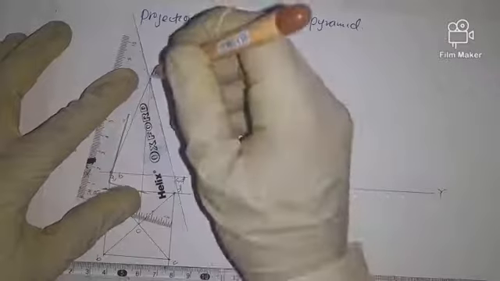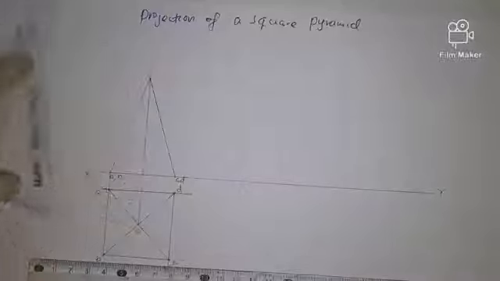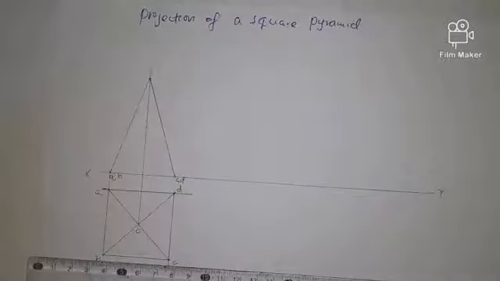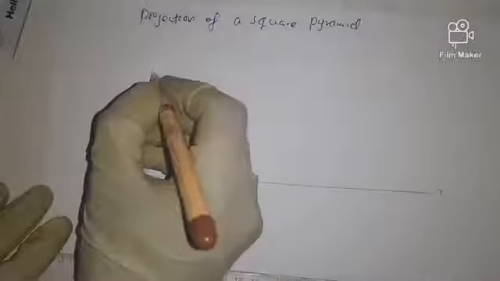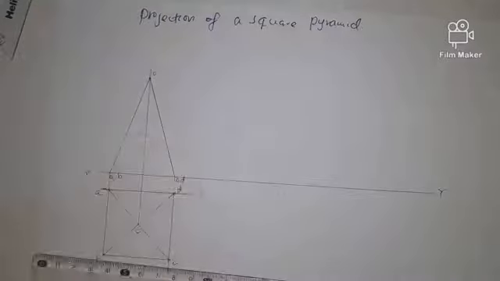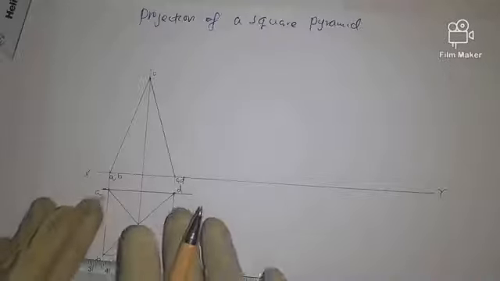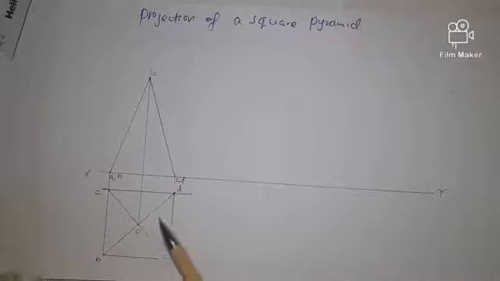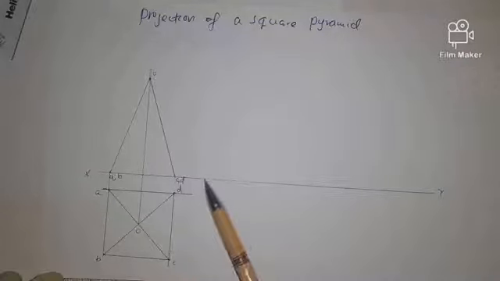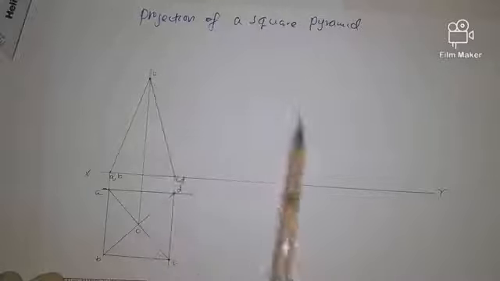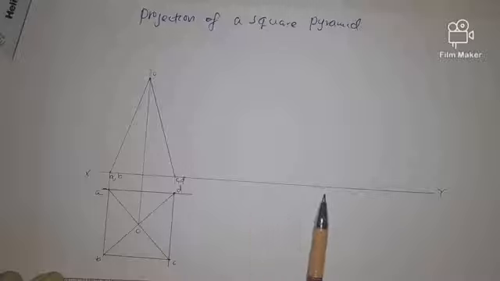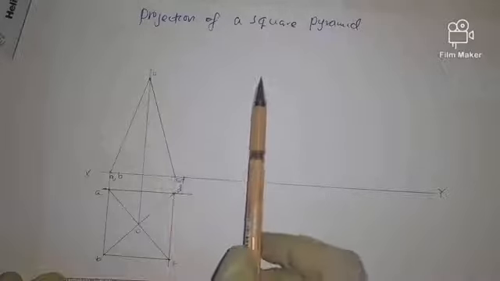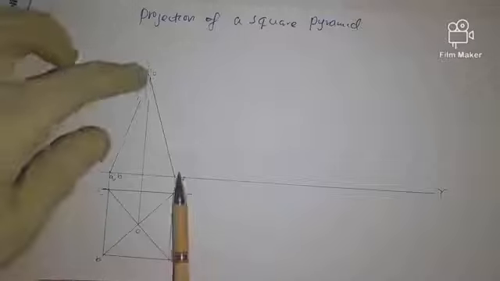So what we have now is the front elevation of the pyramid and the plan of the pyramid. And now we have the first condition fulfilled. The second condition, we are going now to push it so that it sleeps on this triangular face. If it sleeps on this triangular face, it means this point is going to start here, and then this O will fall on the horizontal plane, and then this one will go up. So what do we do? We take the distances.